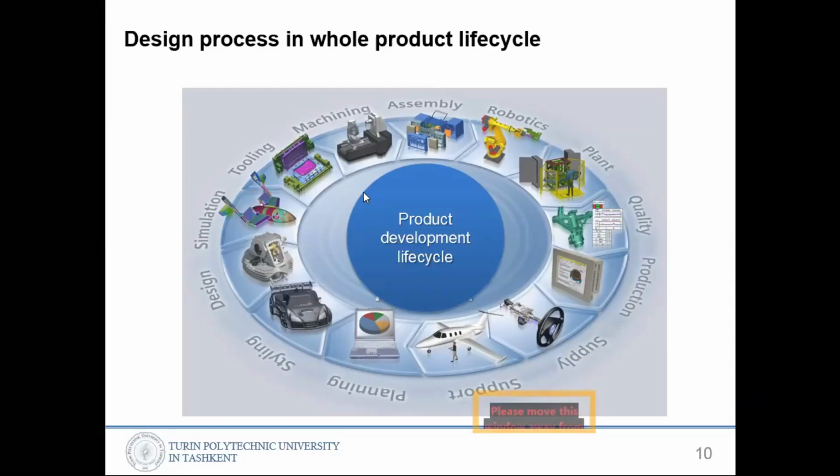As you know, we are working with products, so there is product development. There is a life cycle from the start of planning and designing, up to manufacturing, supplying and supporting. It is all connected to each other and starts again. For example, the first stage is planning.